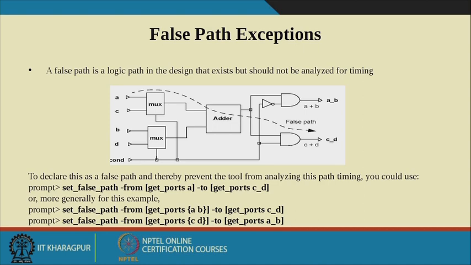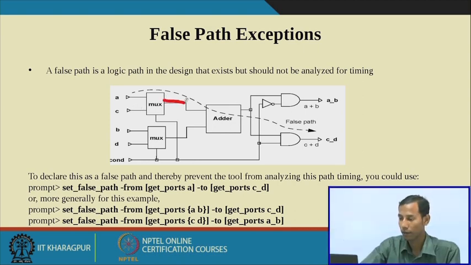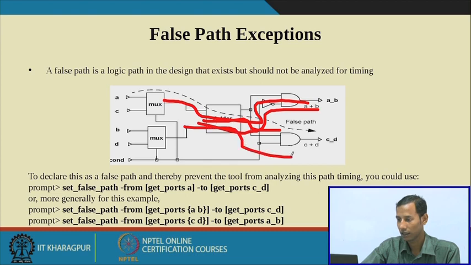So this false path, I said it may be that the critical path is different. Here you see there are basically two paths going from input to the output. One path is this one, another path is this one, then this one, and then this one. So this particular path is a false path. Why?